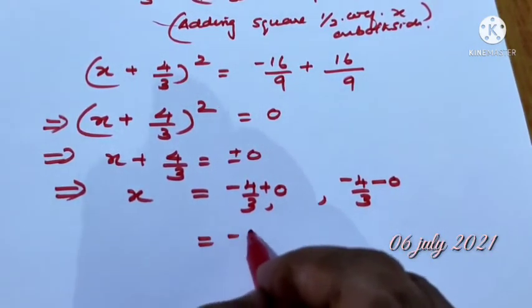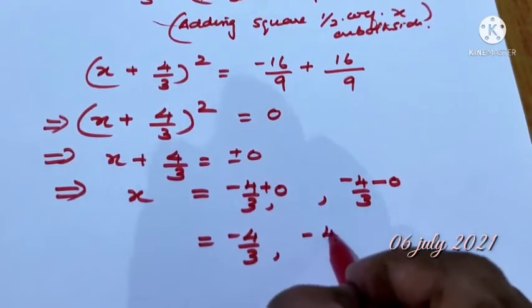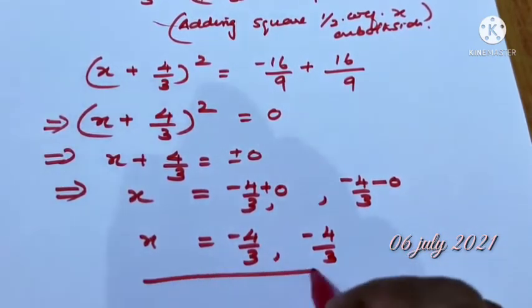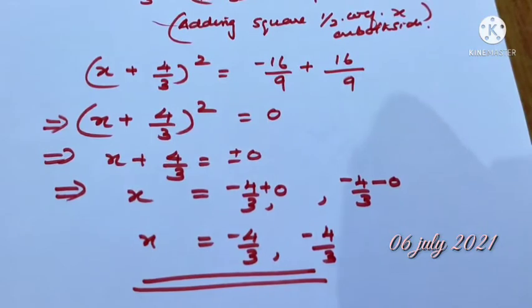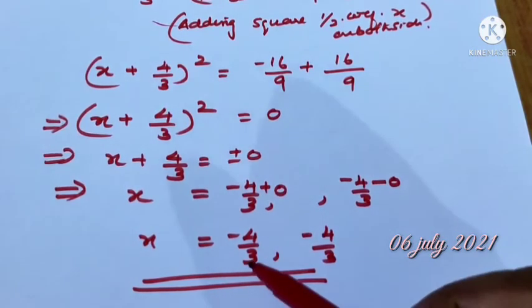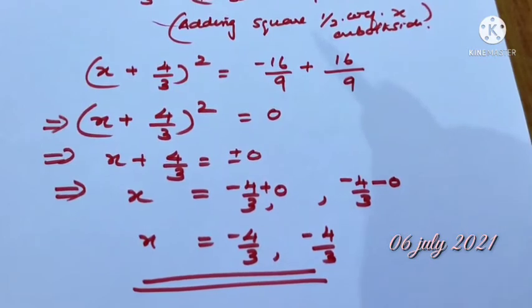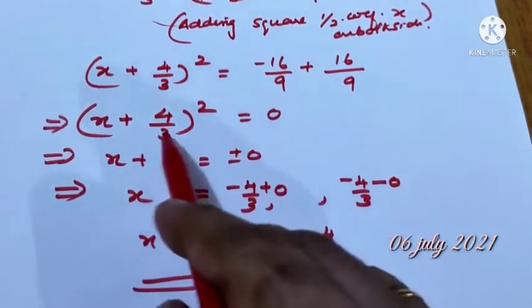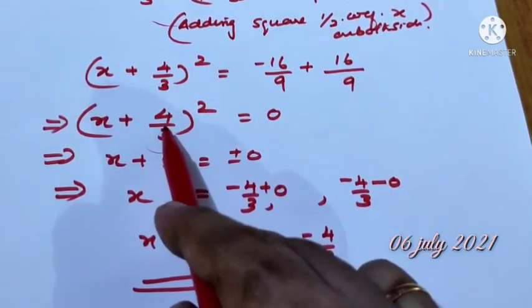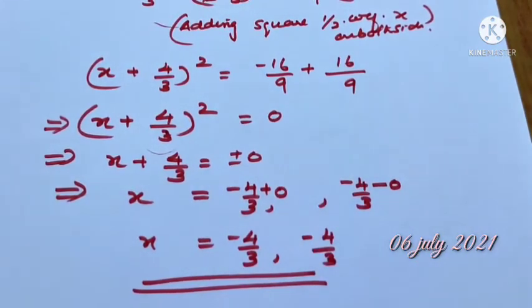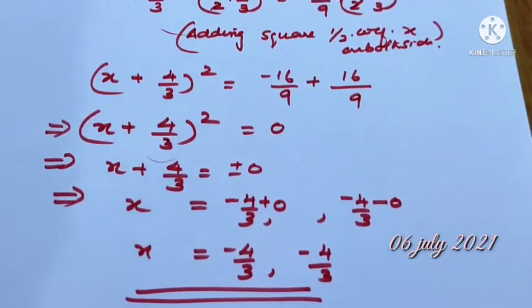That means minus 4 by 3 and minus 4 by 3. That means we will say that x is having equal values here. So x equal to minus 4 by 3 two times we should write. So we will get a 0. That time we should take whatever is there here, its opposite sign will be the equal value.